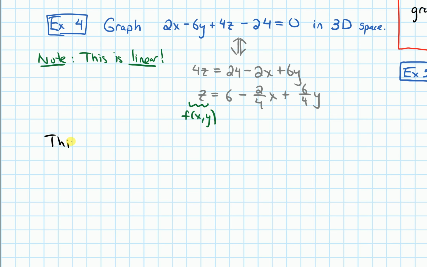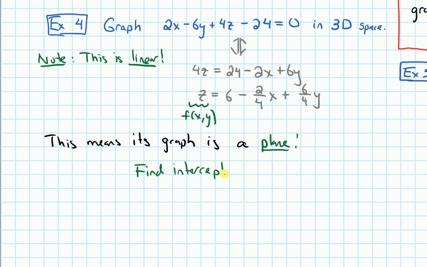This means that its graph, since we're in 3 dimensions, is a plane. So the way I'm going to begin to draw this graph is by finding the intercepts. If I can find the intercepts, I can connect them and start to get a feel for what the shape looks like.